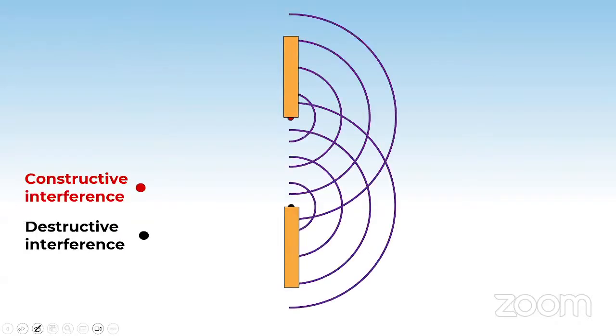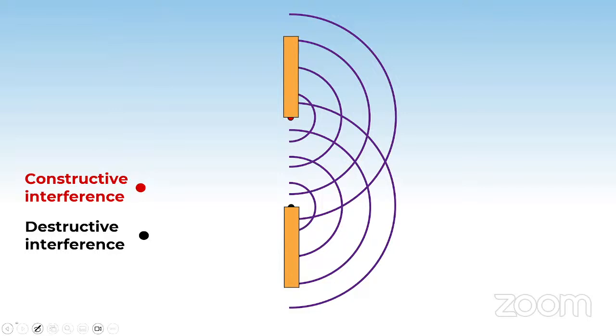Now, according to the constructive and destructive interference theory, we will have two spots, a bright spot and a dark spot. I have told you, wherever wavefronts having the same phase meet, they will produce a constructive interference. And wherever different phases meet, they will produce a destructive pattern. ठीक है?